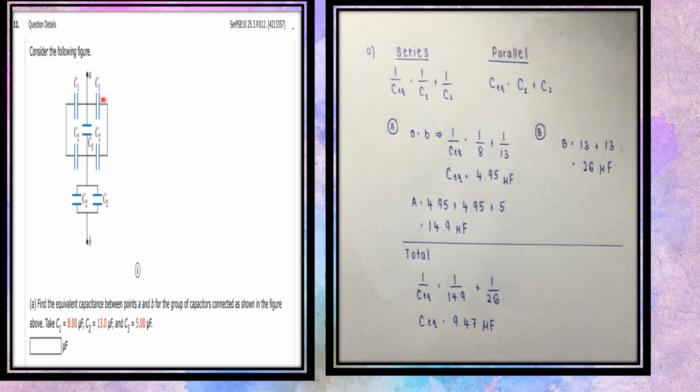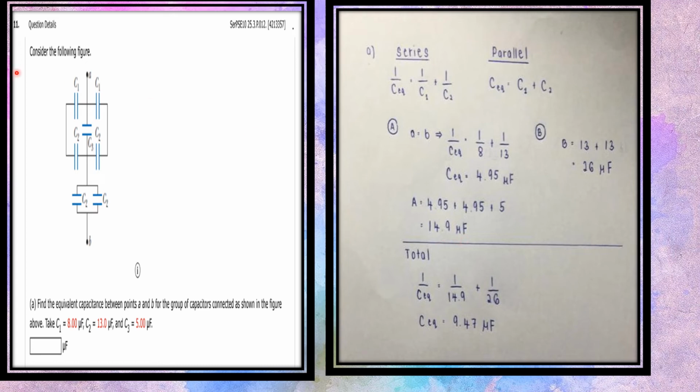So the C equivalent here we get 4.65 microfarad. Since the left one and the right one are the same, we just add the same value as we calculated before, which is 5.65 microfarad plus 5.95 microfarad. After that, we use a parallel equation to calculate A, where we just add 5, which is capacitance 3.